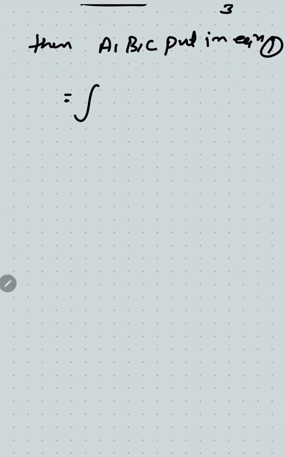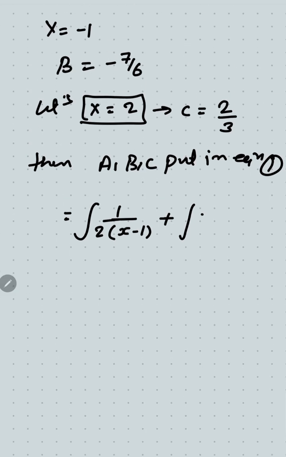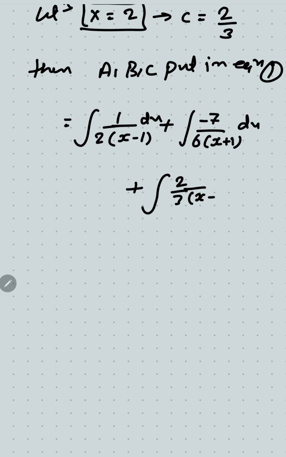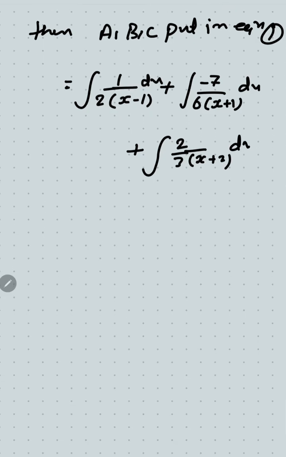That means the integration of 1 by 2 times x minus 1, plus the integration of b, whose value is negative 7 by 6, over x plus 1 with respect to dx, and c will be 2 divided by 3 over x plus 2 dx.